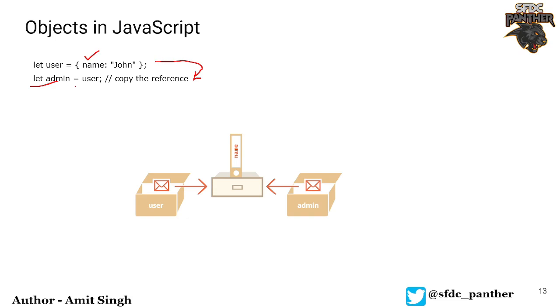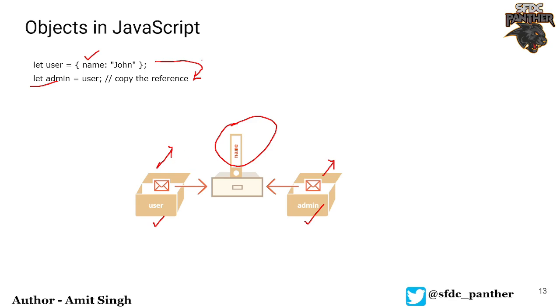That means it looks like this: there is a user, there is an admin, and there is a variable called name stored somewhere in common memory, which is shared by user and admin. If you add any additional property to admin, it is also going to add that property to user as well.